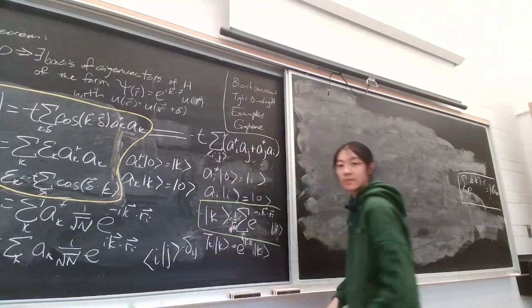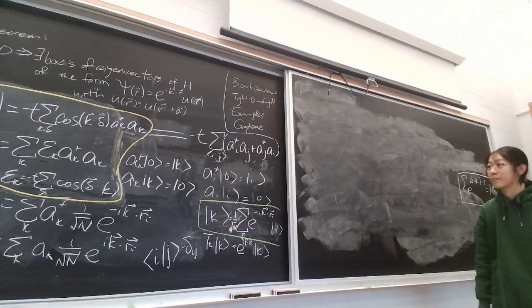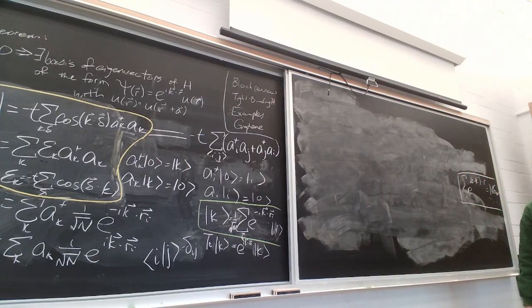The other thing that you can notice is that the energy is periodic in K in some way, right? I have a sum of cosines of delta dot K, so there has to be some periodicity in K. And that's kind of expected, right?